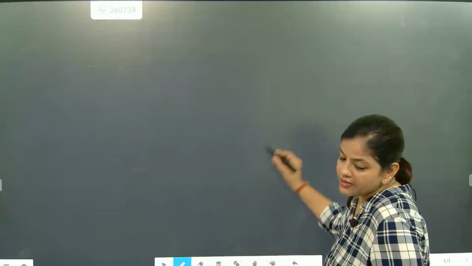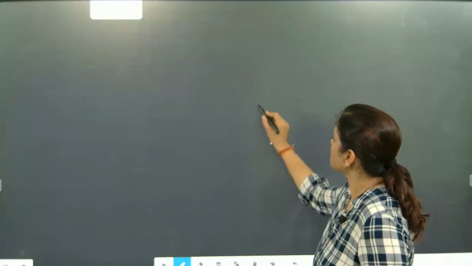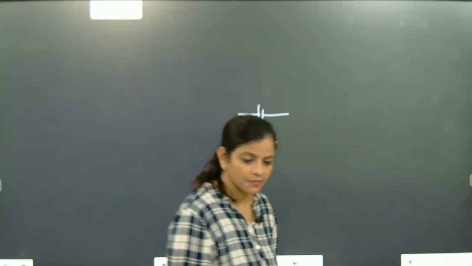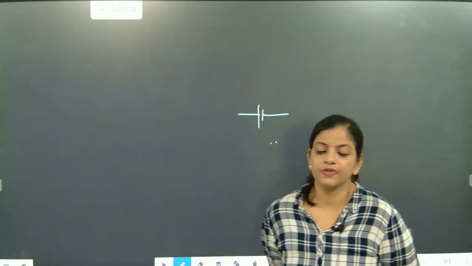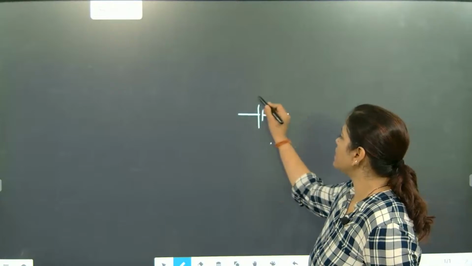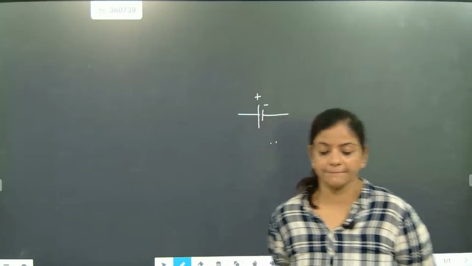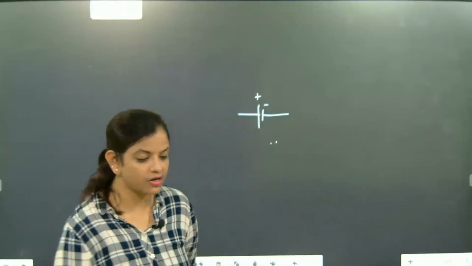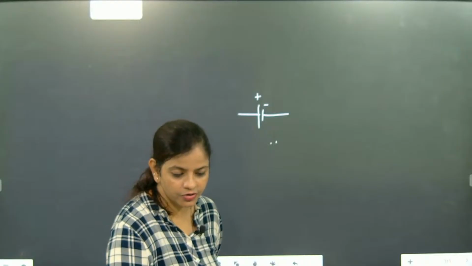What is it exactly? This is a cell or a battery, having a positive terminal and a negative terminal. This is the symbol of a cell or battery. Come on, say. Very good. Super fast.